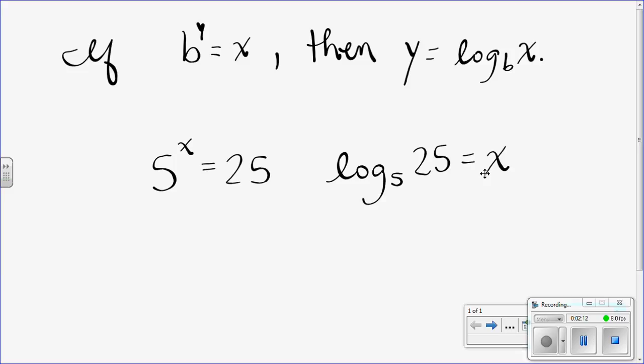This is exponential form. This is logarithmic form. Okay? They are inverses.